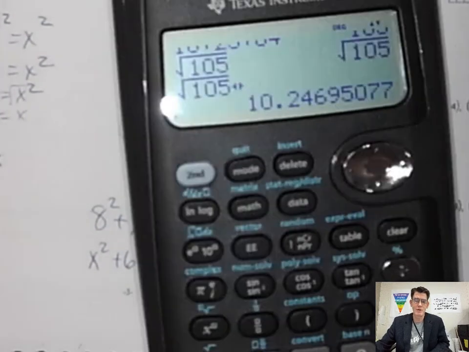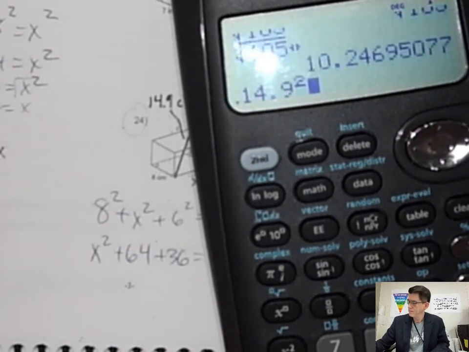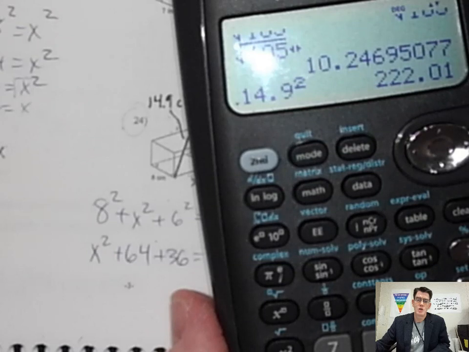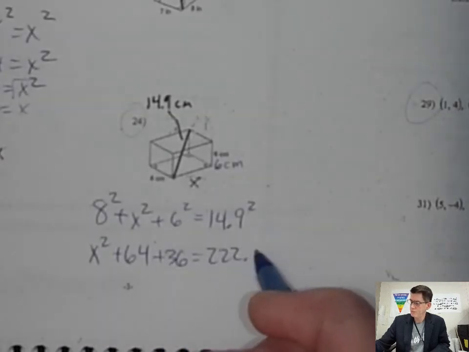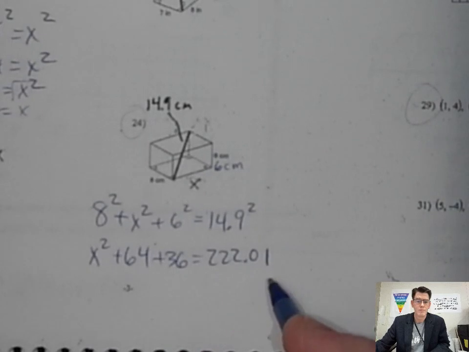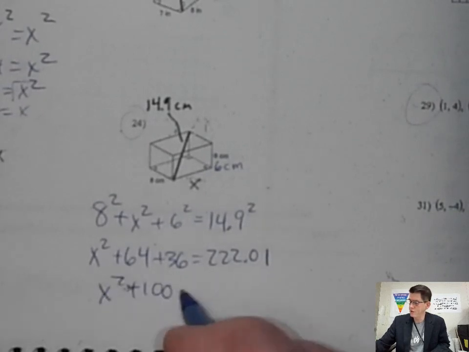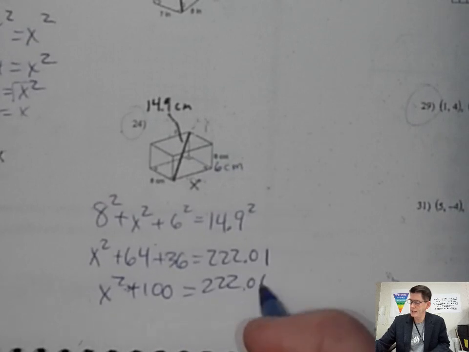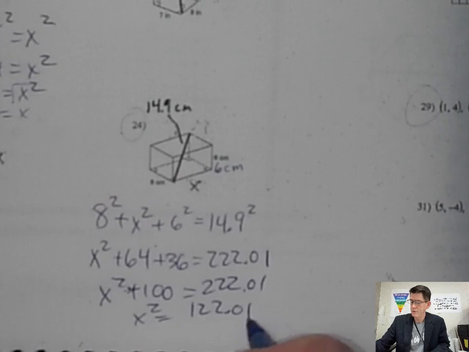And this calculator says 222.01. Okay, so x squared plus 100 is that, and then subtract off the 100 is that, just about there. Take the square root, and we've accomplished it.